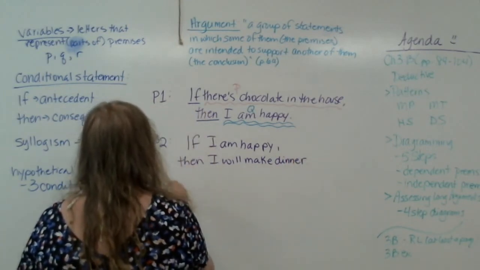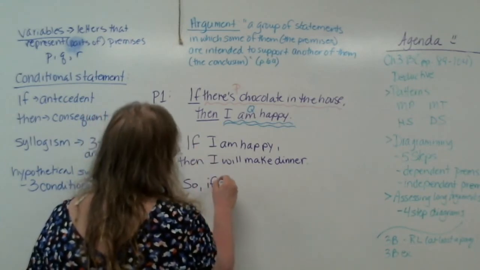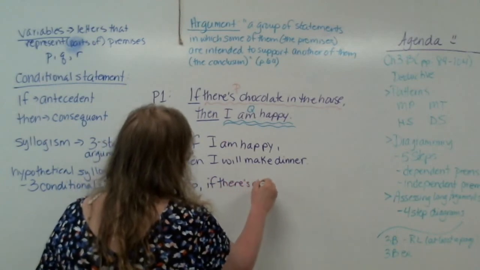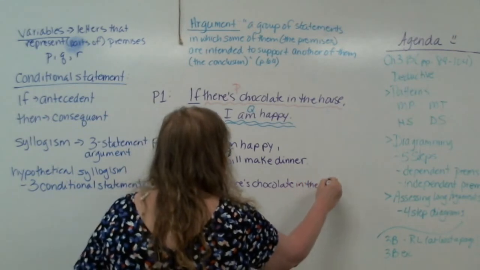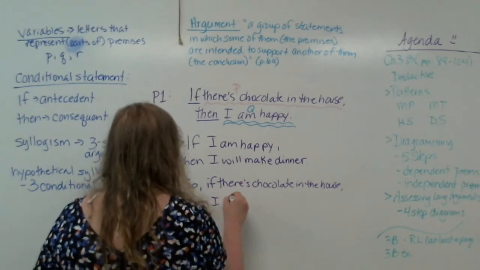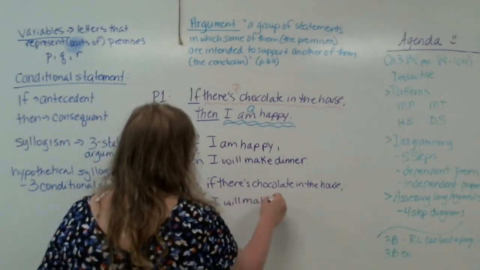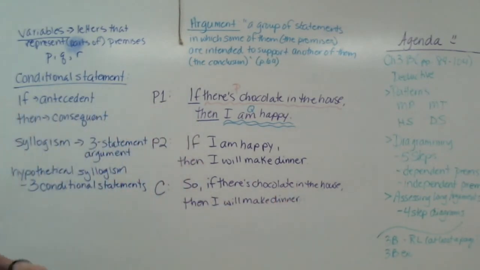So my conclusion then, okay, so if there's chocolate in the house, then I will make dinner. Okay? That is what we call a hypothetical syllogism. Okay, 3 conditional statements. This particular structure then is also important.